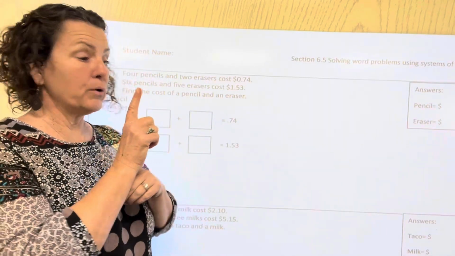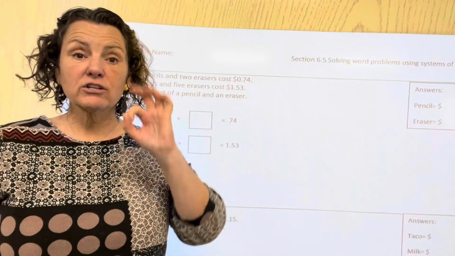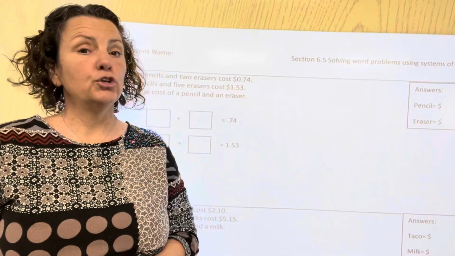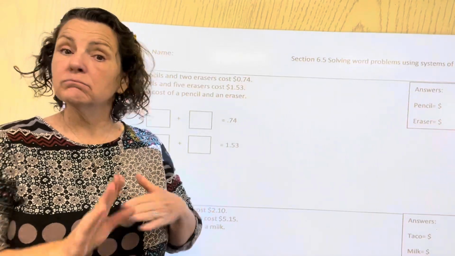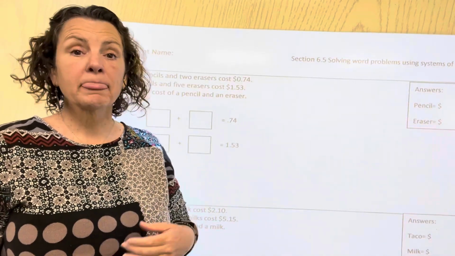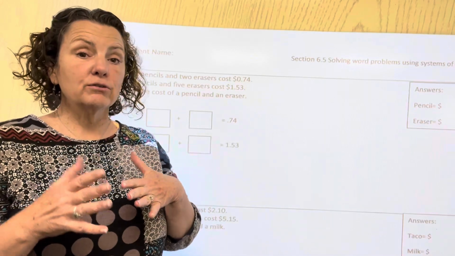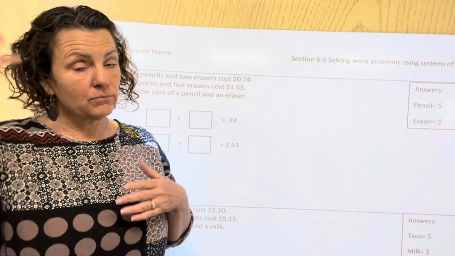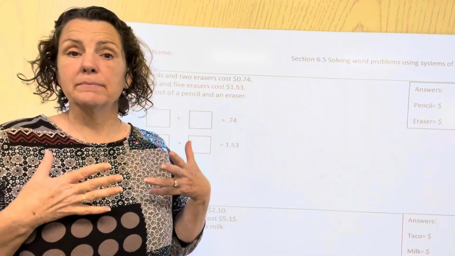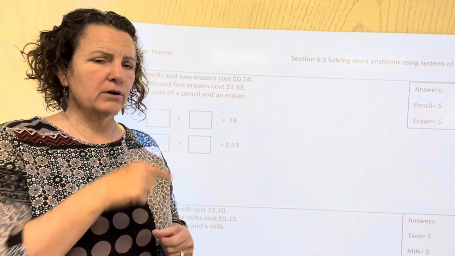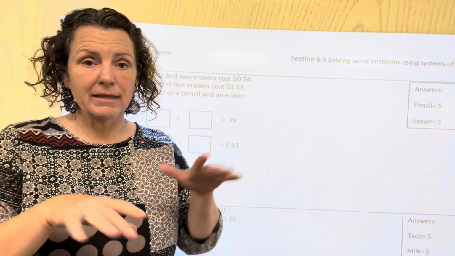Now, there's only one way to set up the problem, but there are actually 3 ways to solve. You could graph it. This one is not going to be set up for graphing, and we'll see why in just a moment. Or we can solve it using something called elimination or the addition method. When I was in high school, my teacher called it the elimination method. I think your textbook calls it the addition method, same thing.